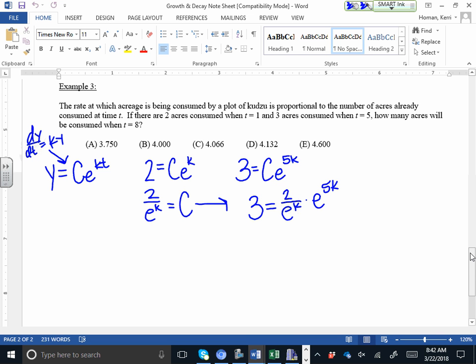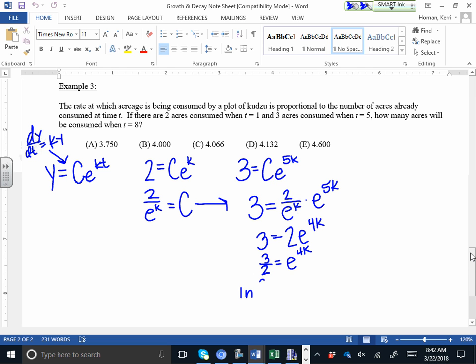Similar basis? Yeah, so when we squish them together, we get e to the 4k because we are subtracting. We're dividing by e to the k. So this becomes e to the 4k. So we have 3/2 equals e to the 4k. We know we need to solve for k, so we're going to take the natural log.